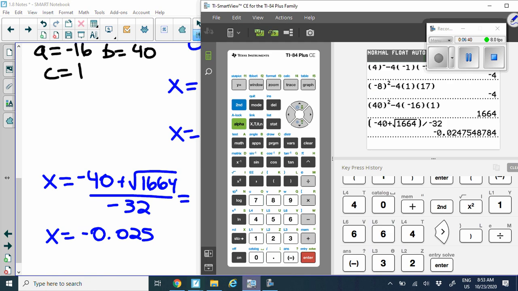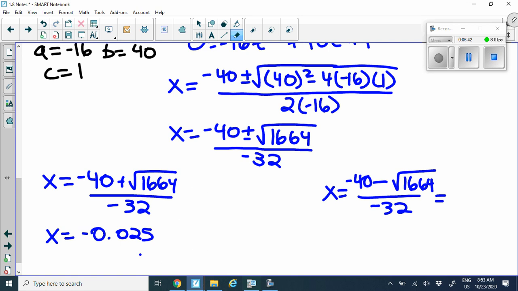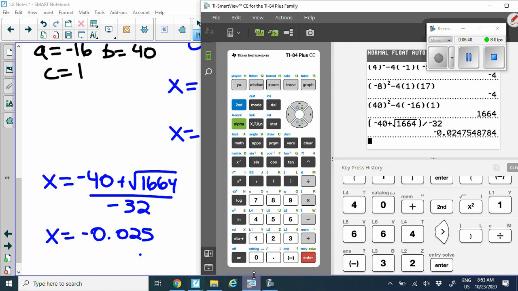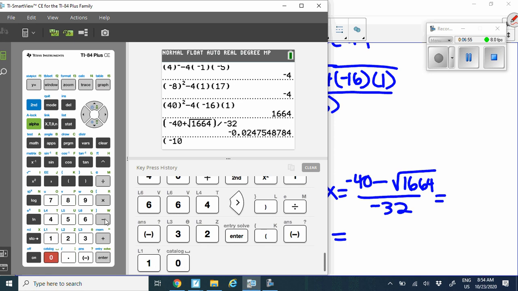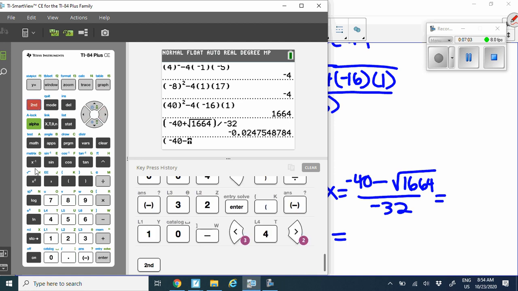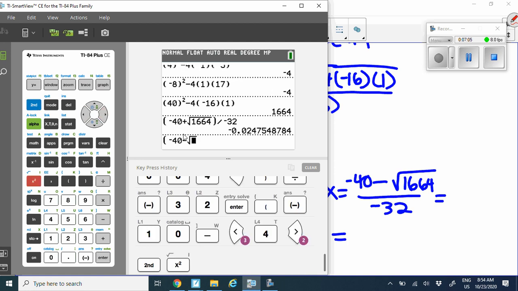Okay, now let's go ahead and do the next one. So we're going to do the same thing. Plug it into your calculator. Move this over so we can see it. There we go. So once again, use parentheses. So I have negative 40 minus square root of 1664. And if you're using a scientific, you will have to use parentheses.